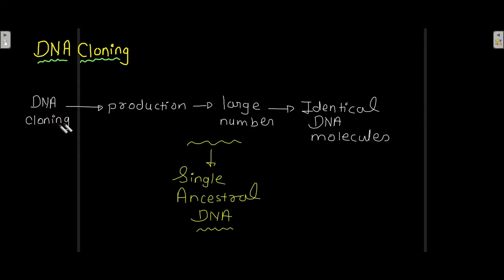Now, DNA cloning is the production of a large number of identical DNA molecules from a single ancestral DNA. You take a single ancestral DNA, and then with the help of that you produce a large number of identical DNA molecules, and that is what DNA cloning is.